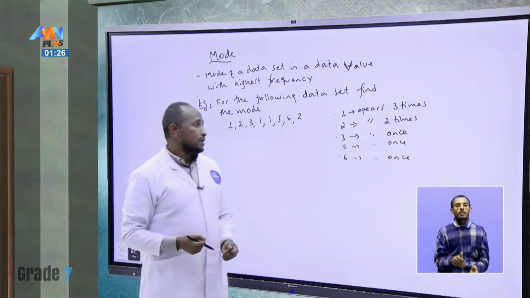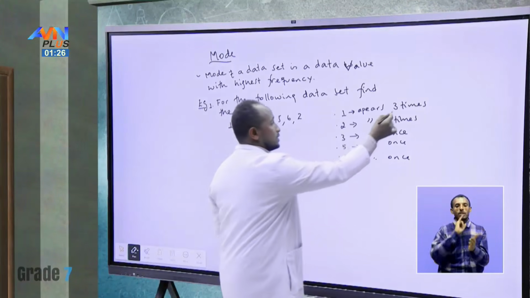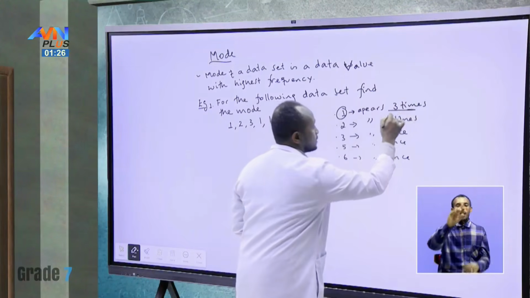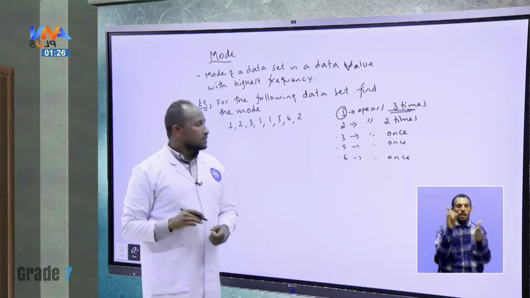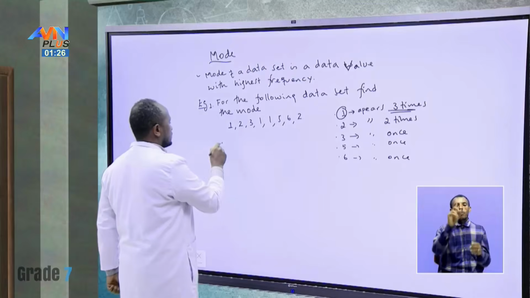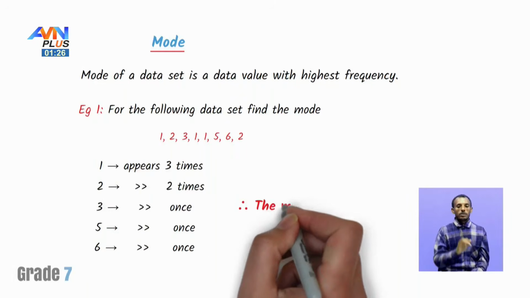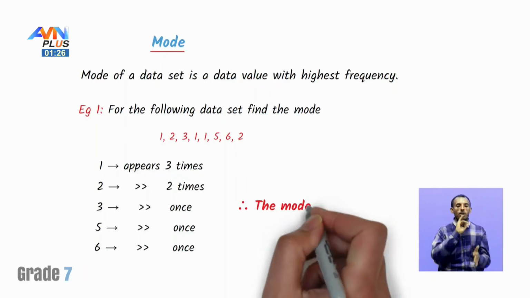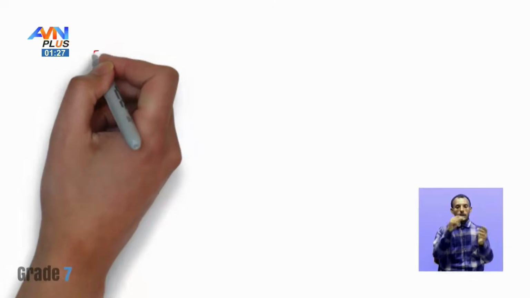The number with greater frequency is 1. 1 appears 3 times. Therefore, the mode of this data set is 1.